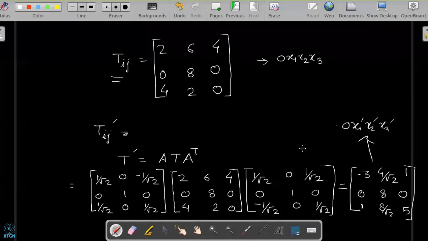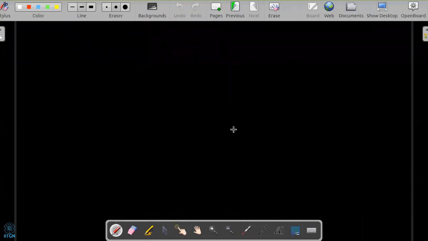Now we will see another case. In case 1, what you have done is you held the x2 axis and rotated the x1 x3 plane by a 45-degree angle, where x3 and x1 get rotated by 45 degrees, and you determined it. So this is the rotation of the axes.